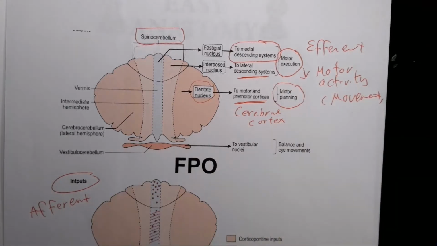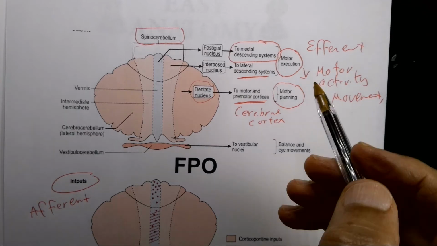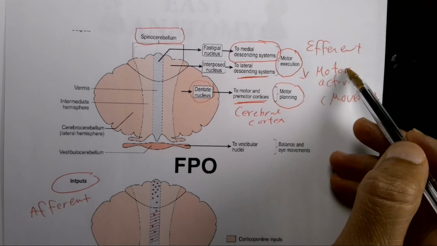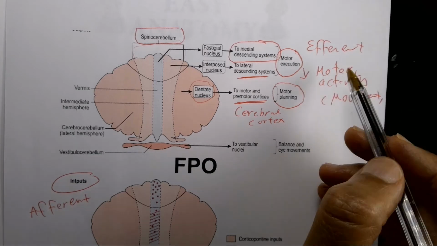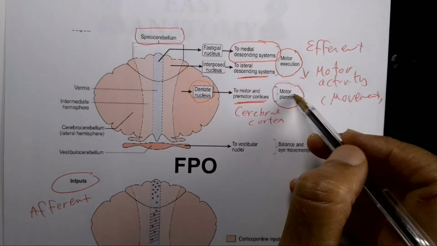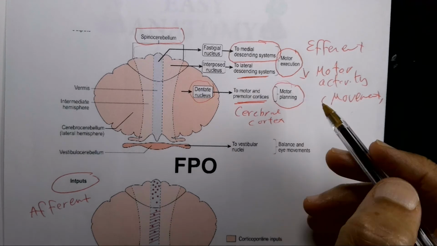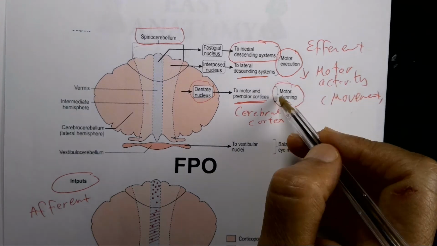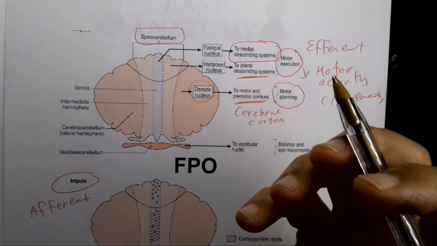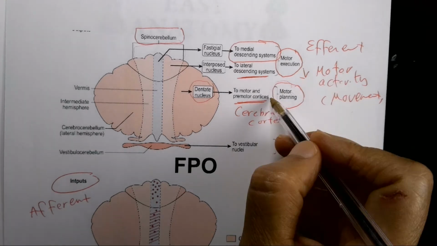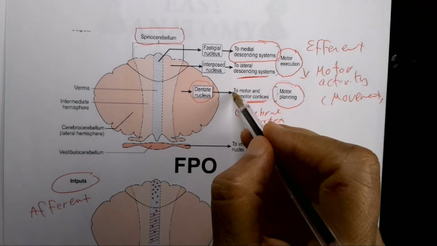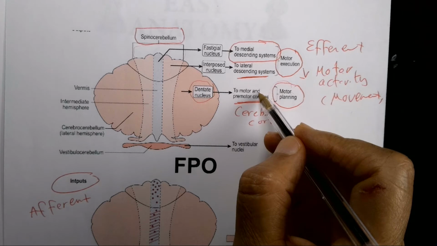So there is a planning stage for the movement, and there is an execution stage of the movement. To plan the movement is a higher function. To plan for the movement and to have fine arrangement for the movement, you have to have connection with the cerebral cortex, and this is from dentate to cerebral cortex.